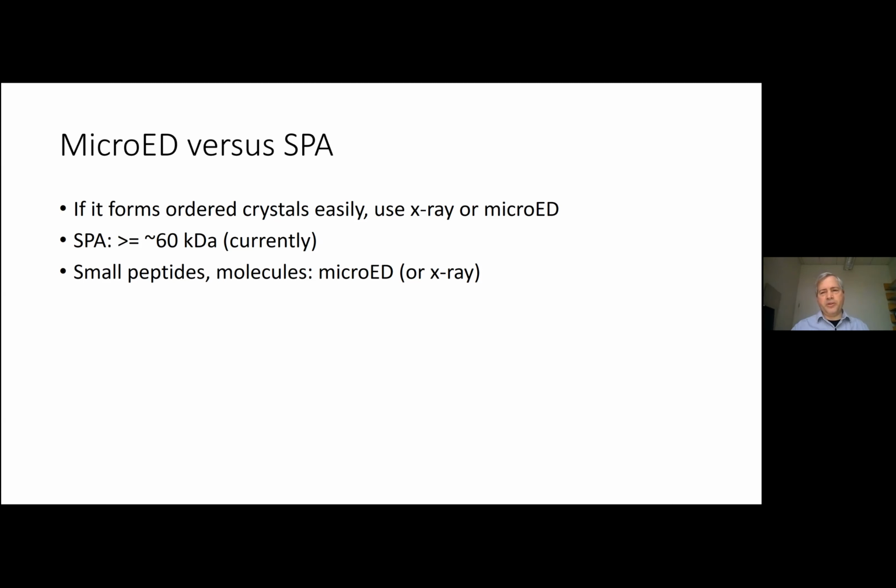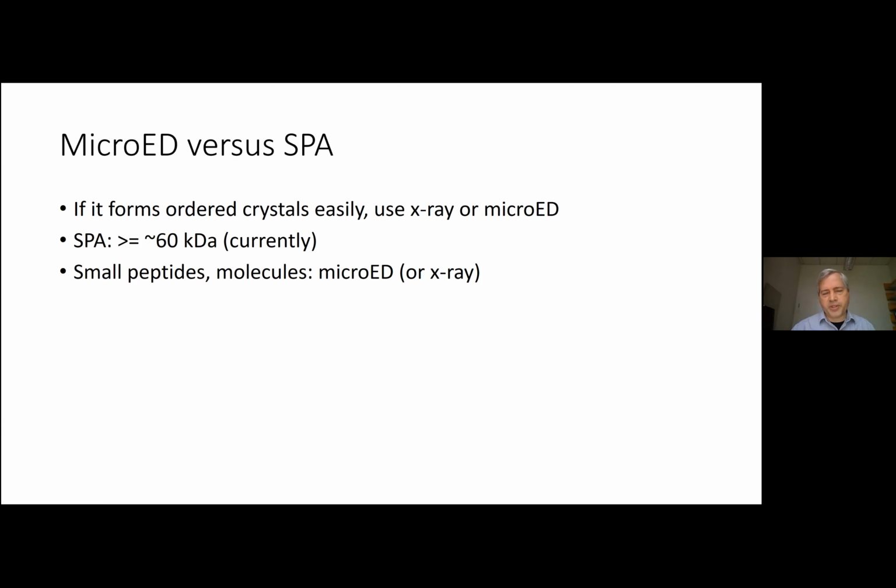So why would you use MicroED, say, versus single particle? I would say if it forms ordered crystals easily, if you can easily get crystals, you should probably use X-ray crystallography or MicroED. If not, and it's going to be a lot of work, the limit seems to be currently around 60 kD. There may be something less than 60 for single particle reconstruction.